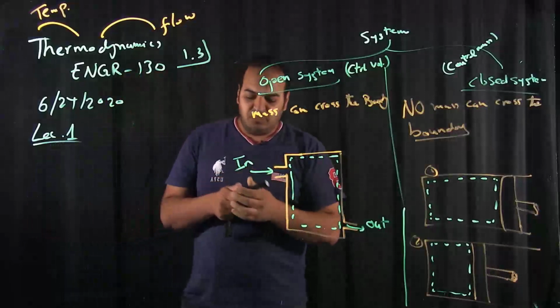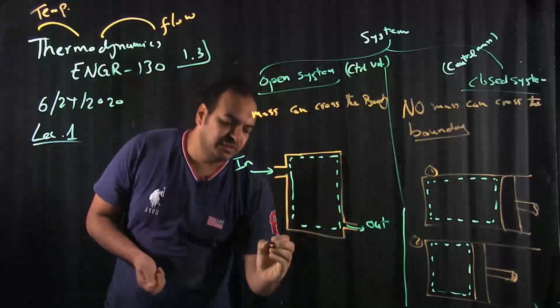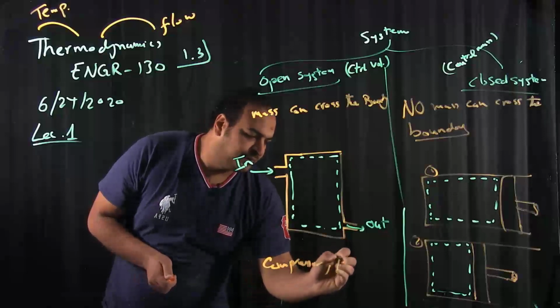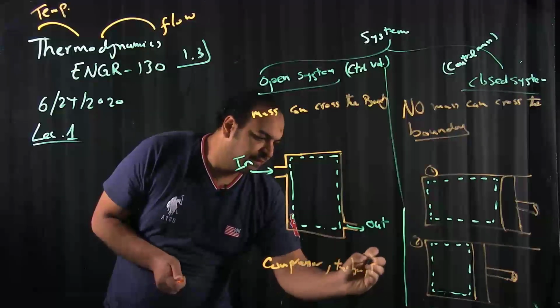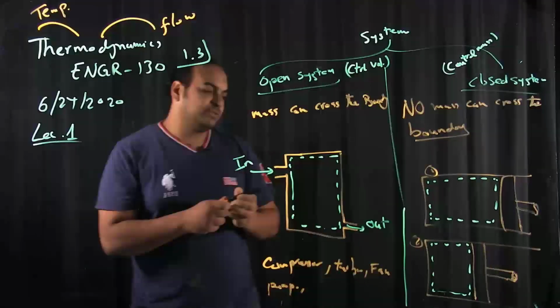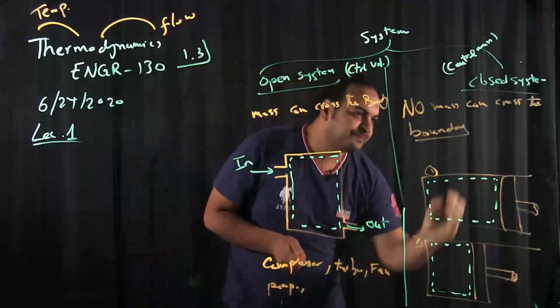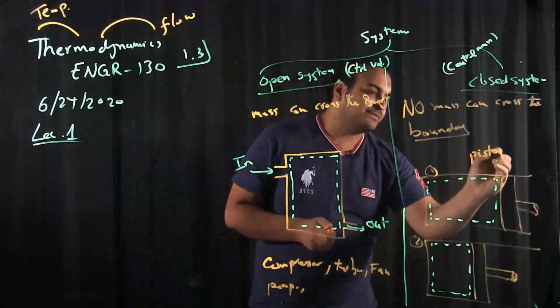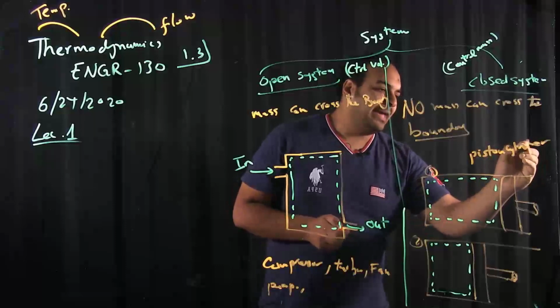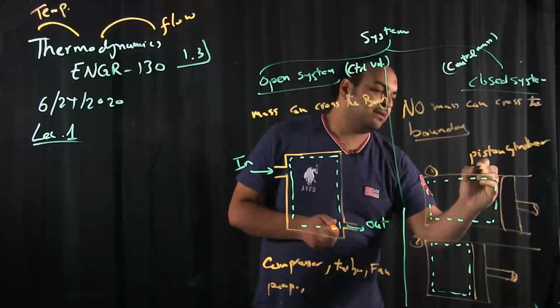For this, we have a lot of applications, like compressor, turbine, fan, pump. Here we have the piston cylinder as an application, one of the most famous problems. We have a tank.